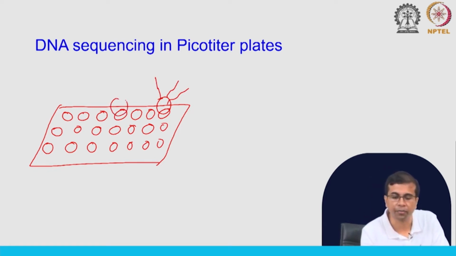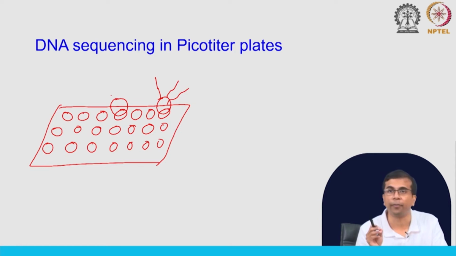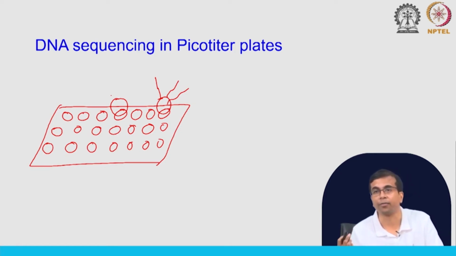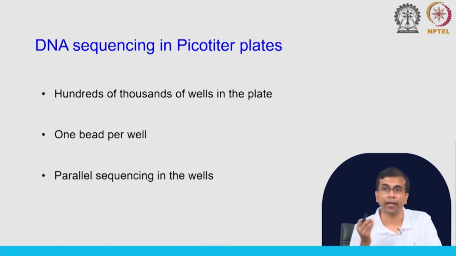So, you can have these beads across these 100,000 wells, and this is where the sequencing will happen. Now, you see how this whole process is parallelized. So, how do you make it high throughput? You are sequencing 100,000 molecules at once, instead of just one or two. As I said, hundreds of thousands of wells in the plate, one bead per well, and parallel sequencing happens in these wells.